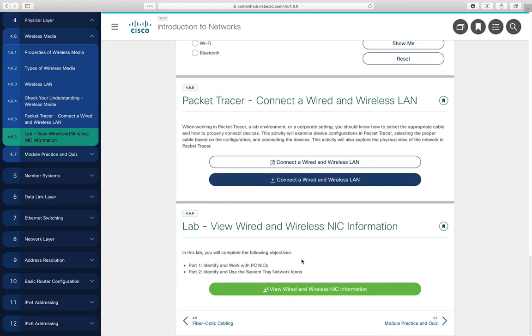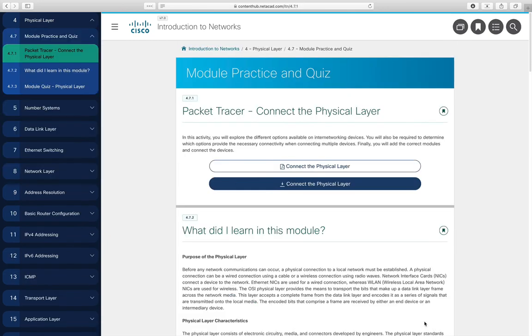I may or may not assign that, but I'm leaning towards the fact that I will, so watch for that to appear in Blackboard as well. 471 is another Packet Tracer related to the physical layer. I will assign this Packet Tracer, so watch for it to appear in Blackboard.